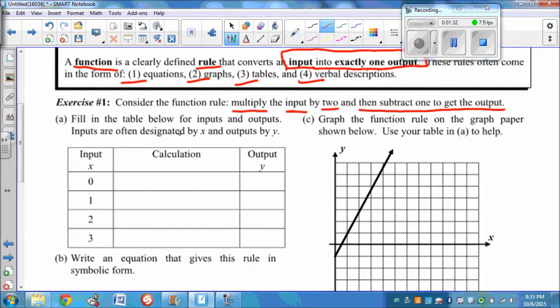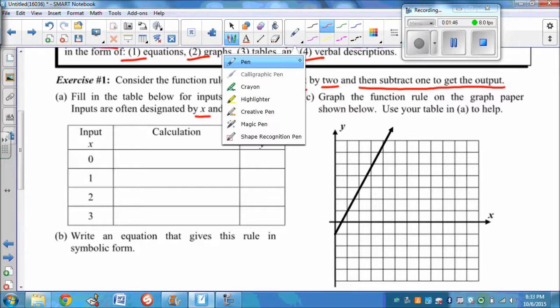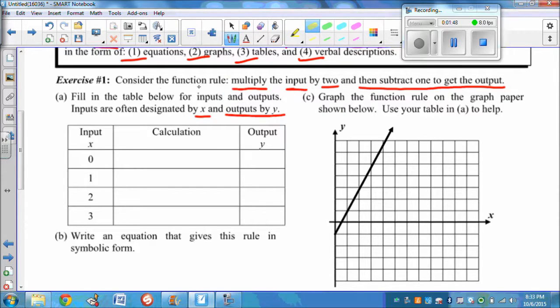Inputs are often designated by X and outputs by Y. So they've set up this table for us, our list of X's. We're going to do some calculations according to the rule that was given up here, and then we're going to come out with our Y values that go along with those given X values.